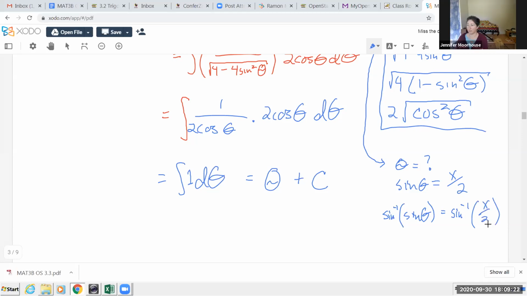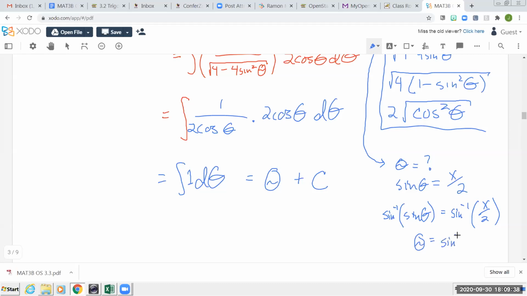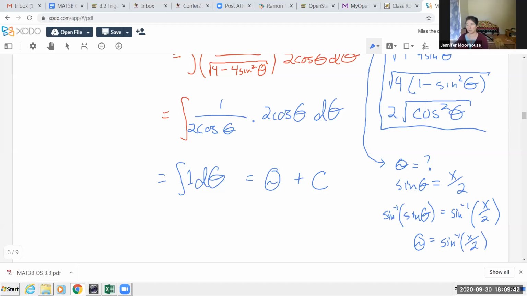The sine inverse and the sine are just canceling each other out, and that gives us theta equals sine inverse of x over 2.